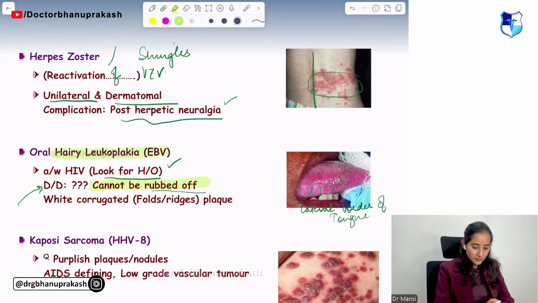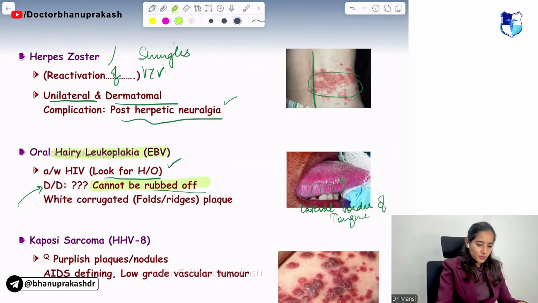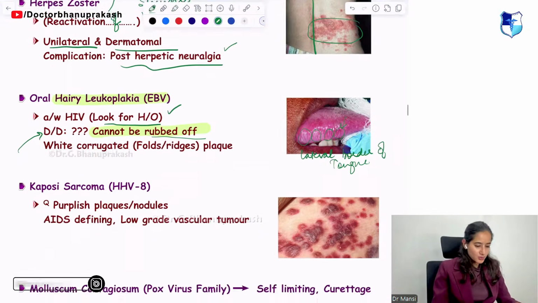This cannot be rubbed off, but we read some time ago a similar white plaque that can be rubbed off. You have to differentiate between the two conditions. That is oral thrush, candidiasis, which we read.